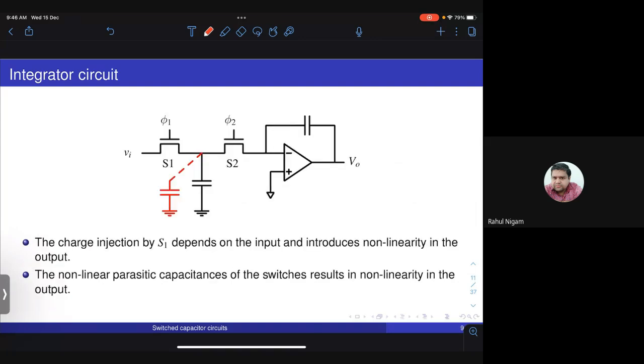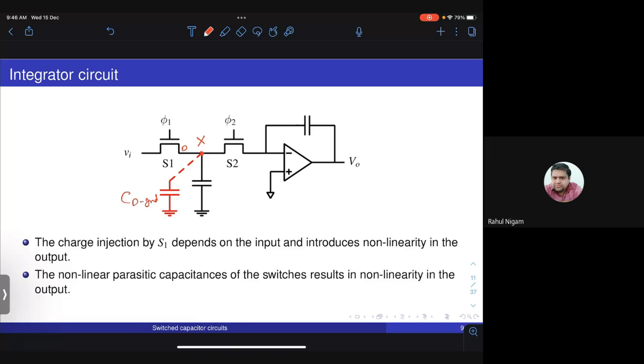Okay, one of the problems here is there is a parasitic capacitance on this node. Let me say this node is X. So if you see from X to ground, there is a parasitic capacitance, which is the drain of this transistor S1 to ground, whether it is drain to source and then to ground, or drain to substrate and substrate to ground, whatever, the total drain capacitance to ground will appear here.